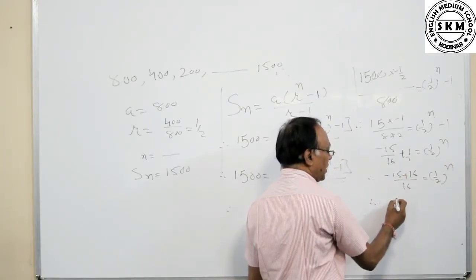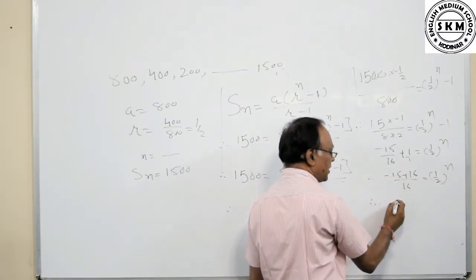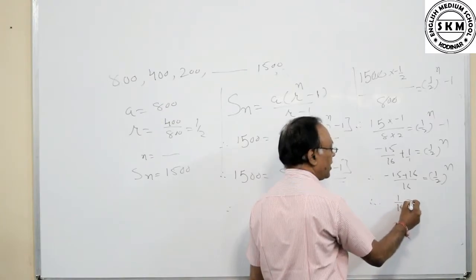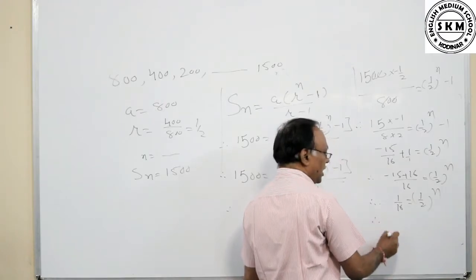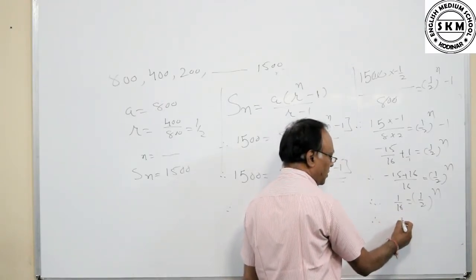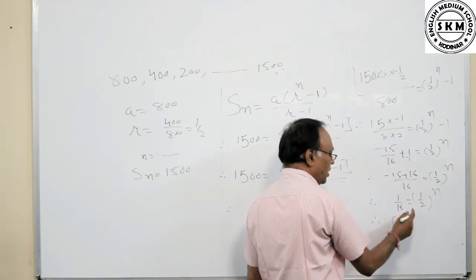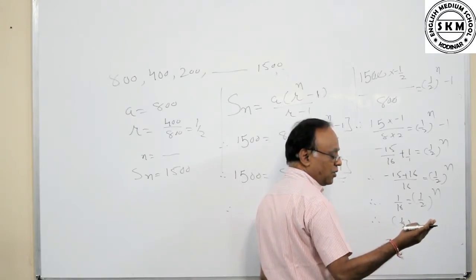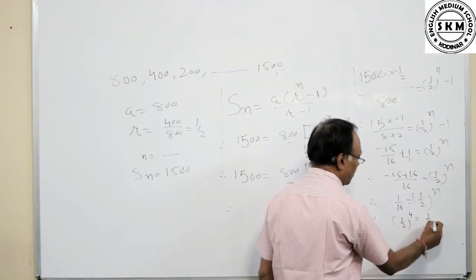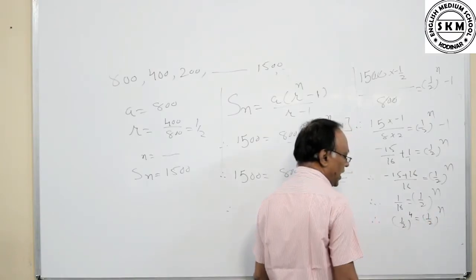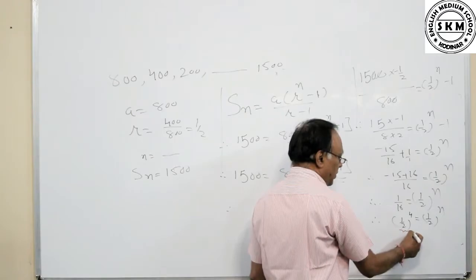So 1 upon 16 is equal to 1 by 2 raised to n. Now write in power of 2 form: 2 twos are 4, 2 fours are 8, 2 eights are 16, so 1 by 2 raised to 4 is equal to 1 by 2 raised to n.